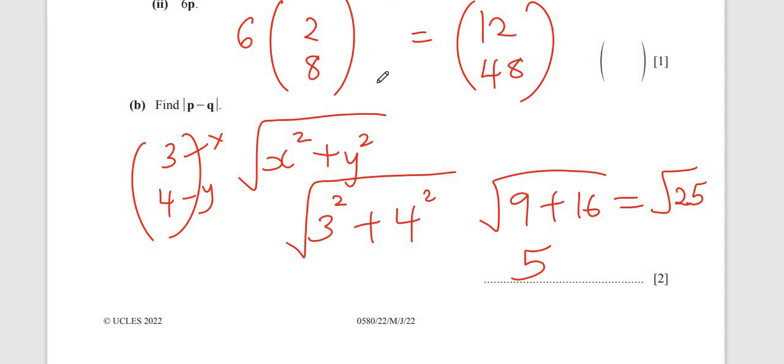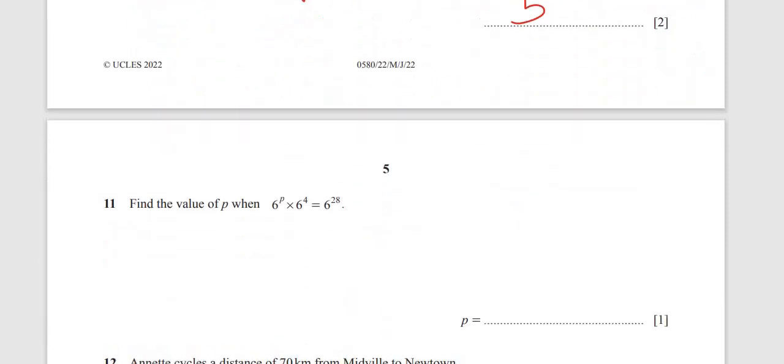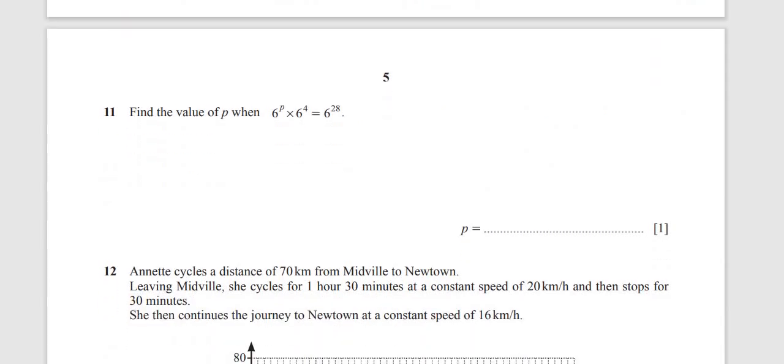Then we can move on to the next question, which is question number 11. Find the value of p when 6 to the power of p multiplied by 6 to the power of 4 is equal to 6 to the power of 28. So here we're going to use the laws of powers or indices.